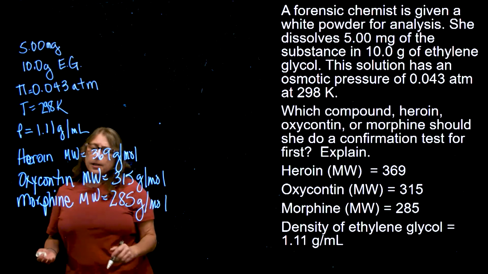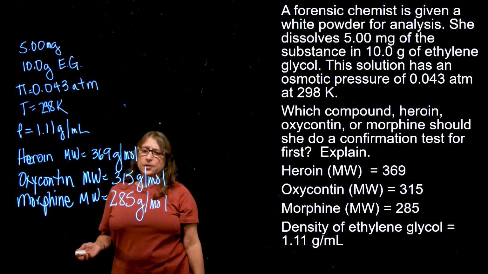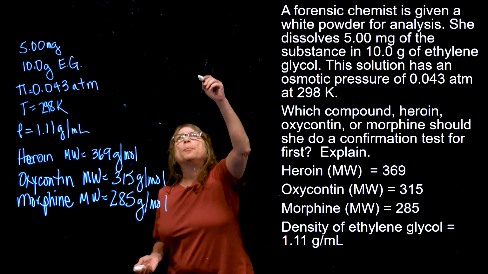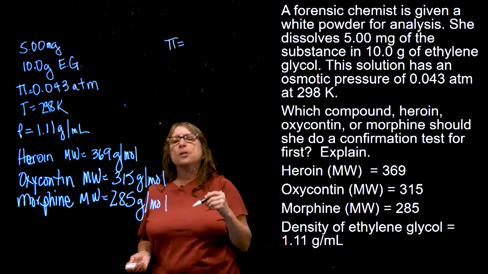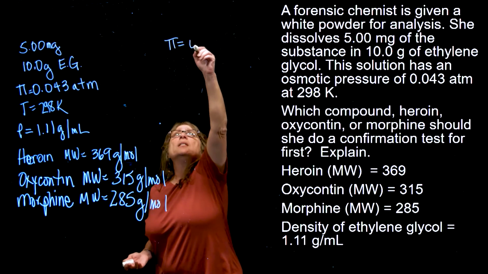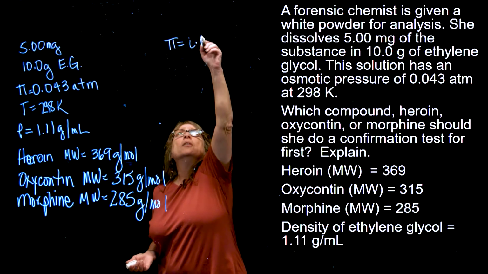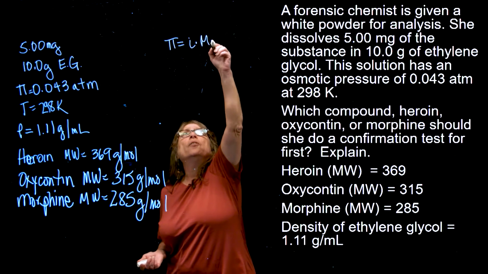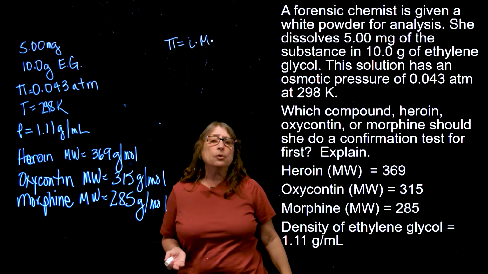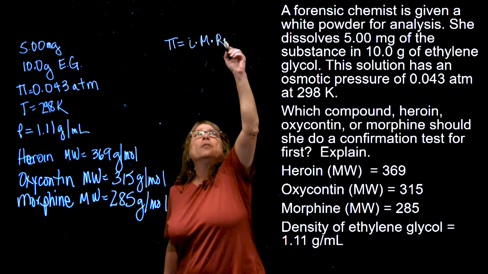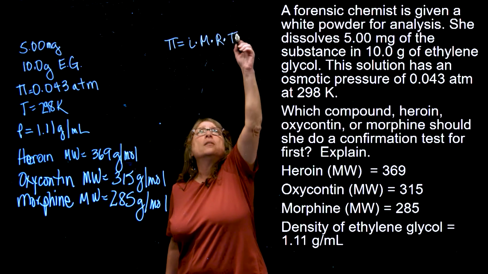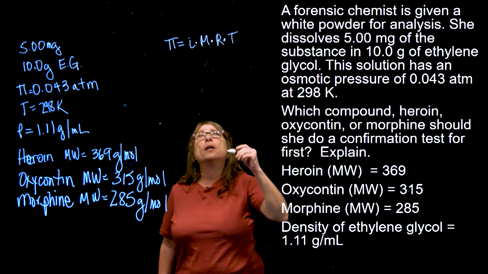And so the first thing that we have to remind ourselves is, what is the osmotic pressure? Well, the osmotic pressure, and we use the symbol pi, is equal to the Van't Hoff factor times the molarity of the solution in moles of solute per liter of solvent, times our good friend R, the gas constant, times the temperature in Kelvin.